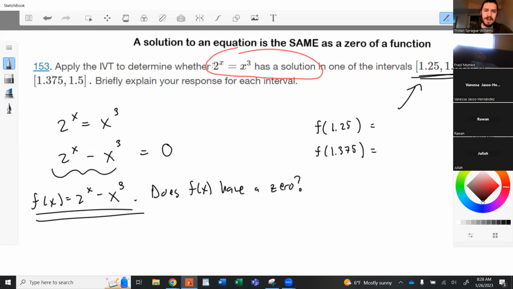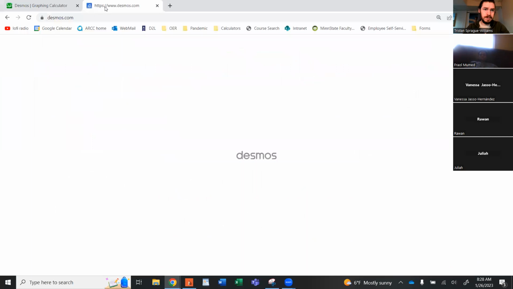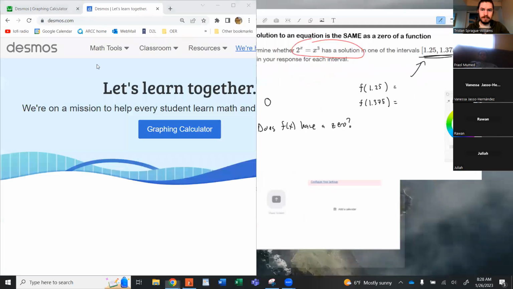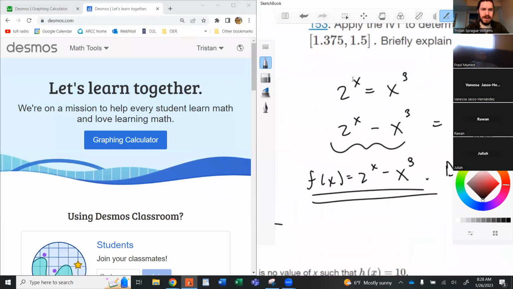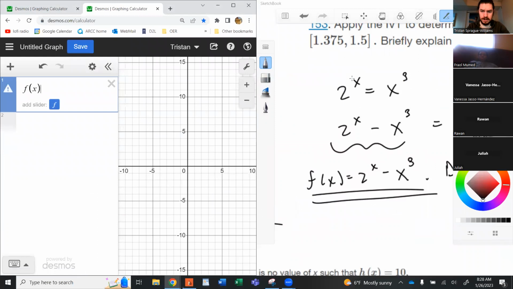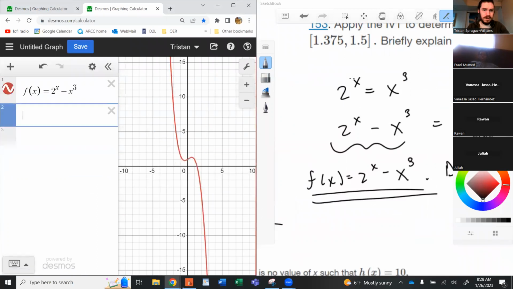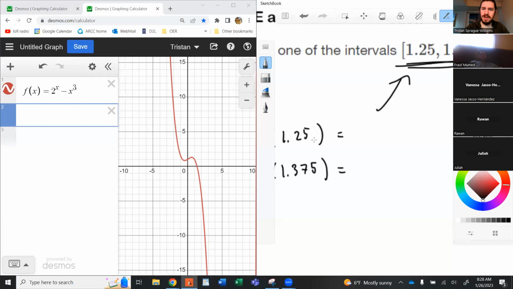So let's do that. I'm going to pull up my calculator to help me out, of course. Let's get a new Desmos page. Because I have to define this as my function here, 2 to the x minus x cubed. There we go. There's a function, 2 to the power x minus x cubed. And now all I've got to do is plug in the endpoints of this interval, right?